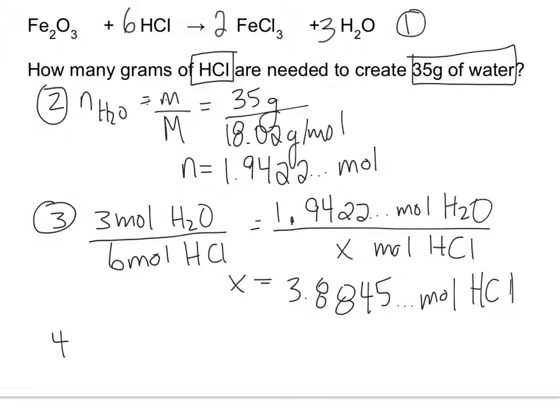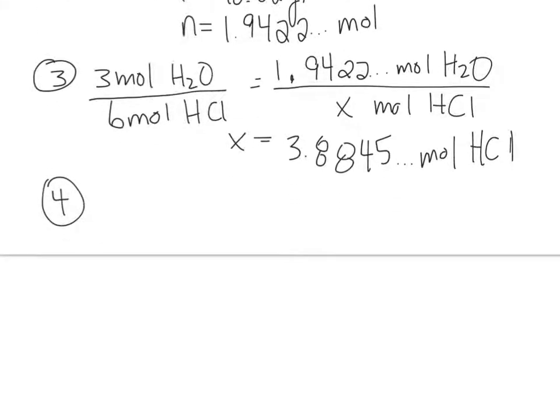Our final step is that we want to find the mass of the HCl produced. So right now we have moles, meaning we need to convert to mass. So mass is our moles times our molar mass, and we're trying to find the mass of HCl.